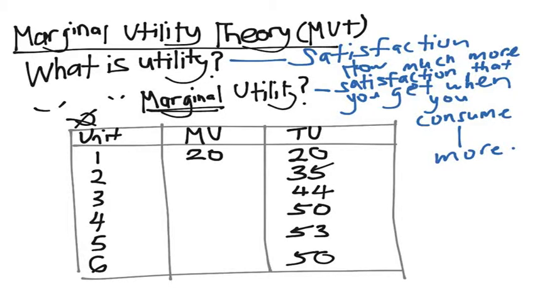From 1 to 2, it's 35 minus 20, which is 15. 2 to 3, it's 44 minus 35, which is 9. 3 to 4, 6. 4 to 5, 3. 5 to 6, negative 3. So by now you should understand clearly what is marginal utility, what is utility, and its relation to total utility.